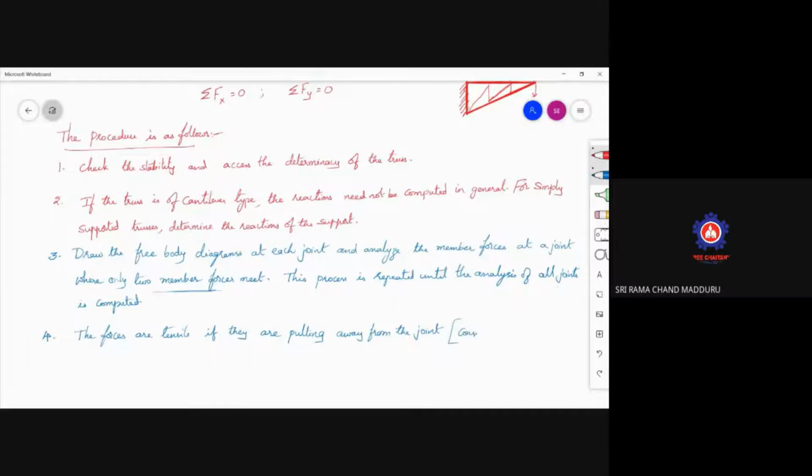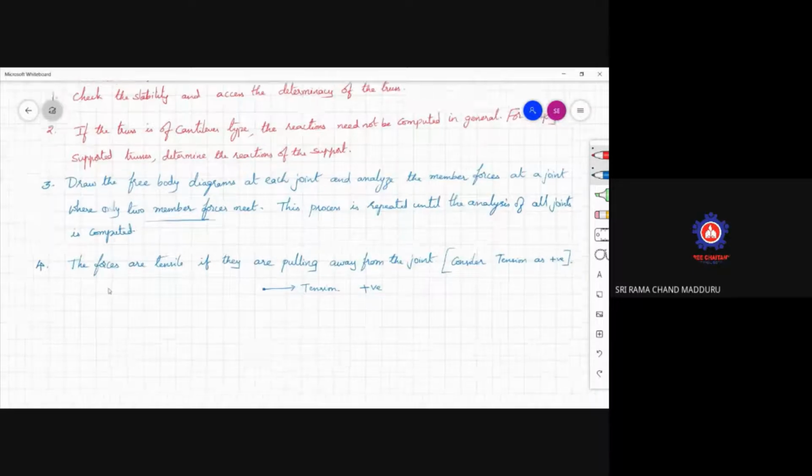Consider tension as positive. That means, see here, for example, this is a joint. Two members are meeting here. For example, this force away from the joint is considered as tension. And this force will be considered as positive. The sign given for the tensile forces is positive.